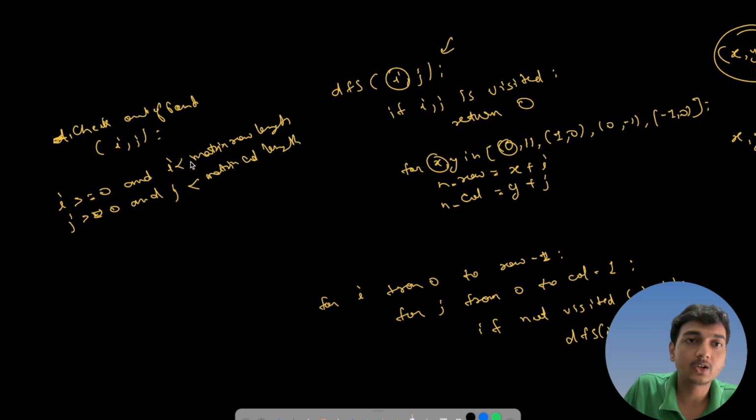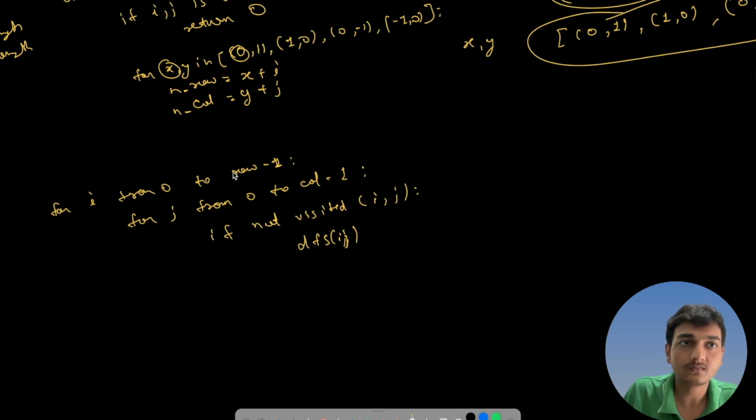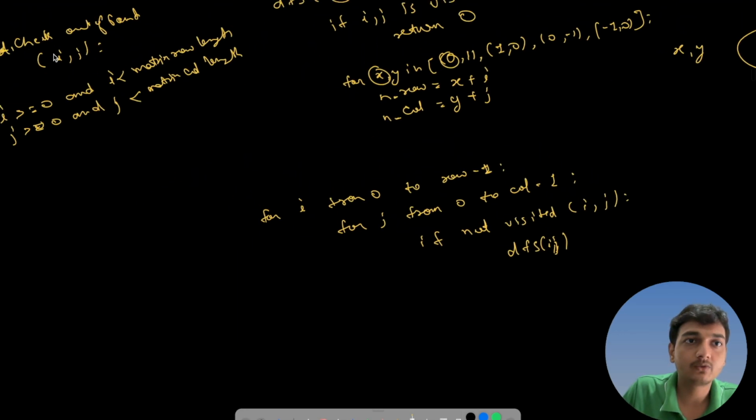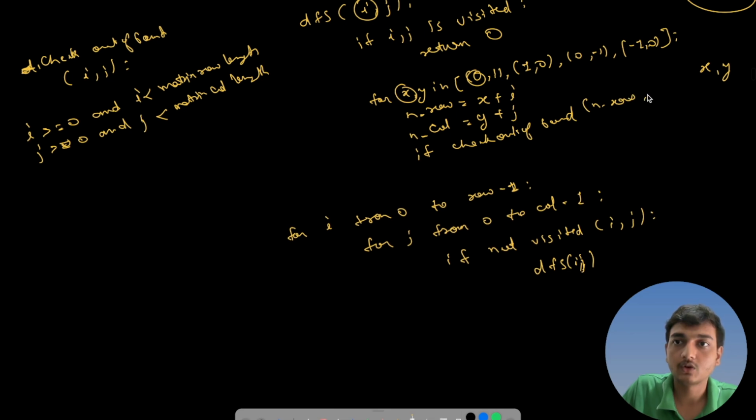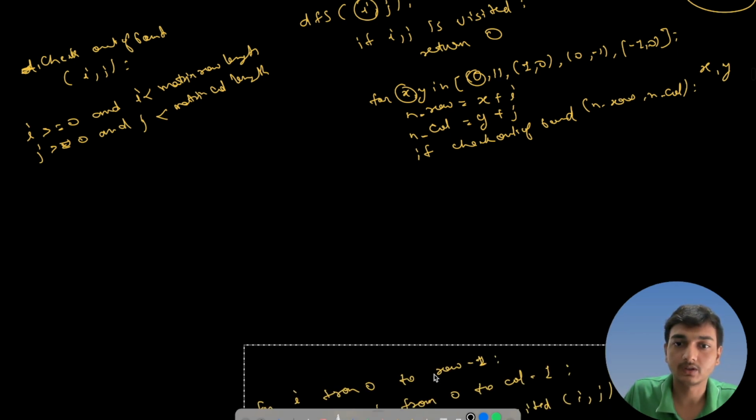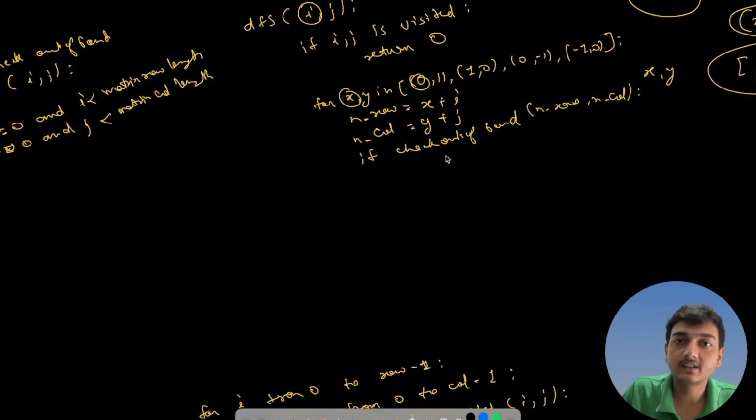So why are we not writing equal to? Because we are working on indices. Superb. So I will call this function to check whether that is a valid new row and valid new column or not. So if check out of bound of new row, new column is the case, then I need to go to DFS, I need to traverse this.